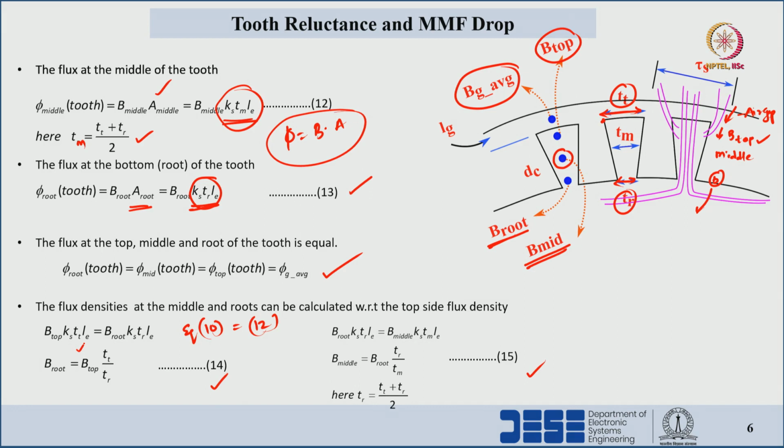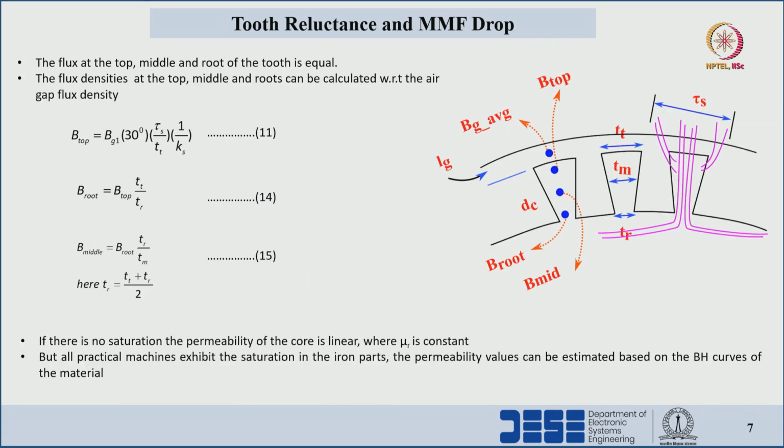Similarly, by equating equation number 10 to equation number 13, we get the relation between the flux density at the middle of the tooth and the flux density at the bottom side of the tooth. So, we can represent the flux density at the top, bottom and middle of the tooth by utilizing these equations.